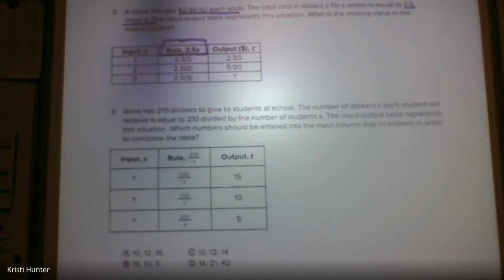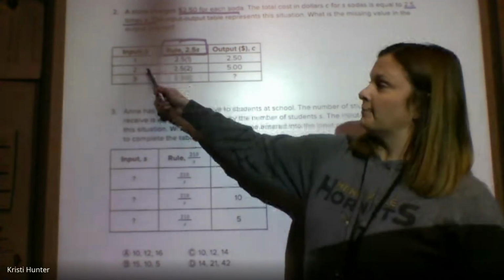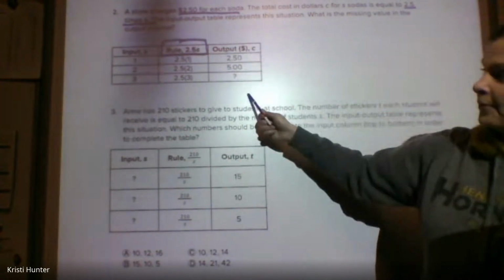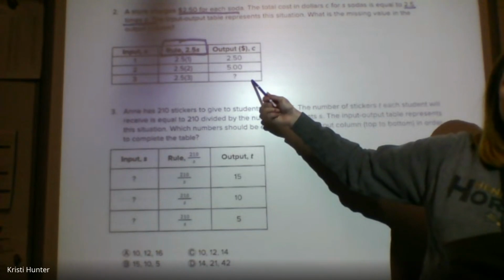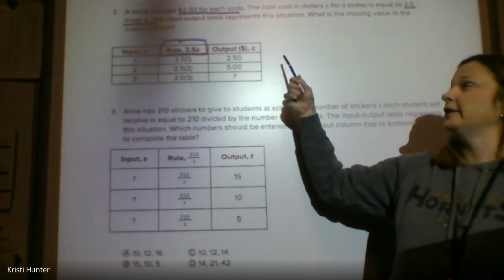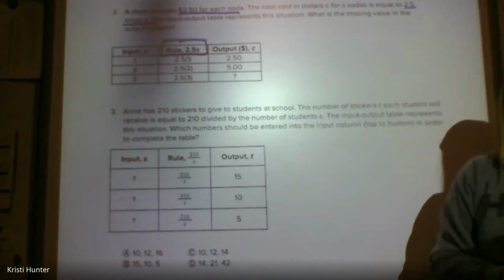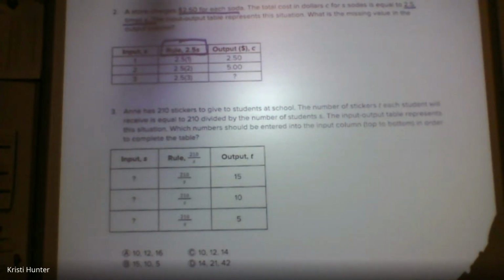If I take 2.5 times the input, the number of sodas, my output is going to give me my cost. Just like we talked about in number 1, your cost is usually your output, okay?